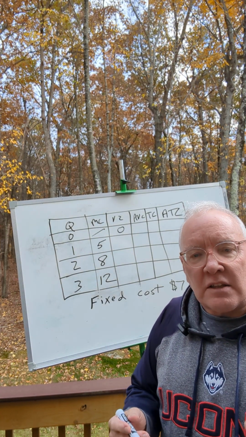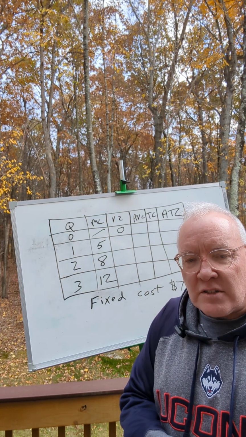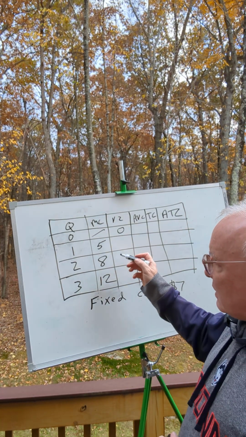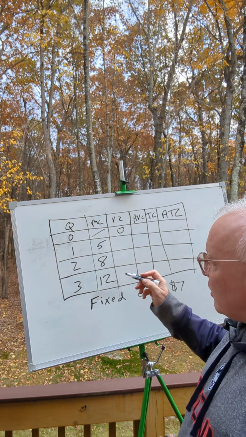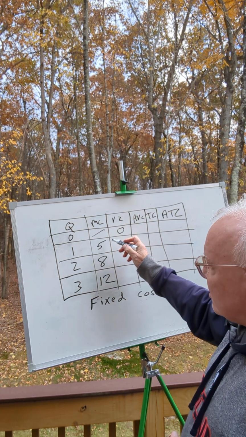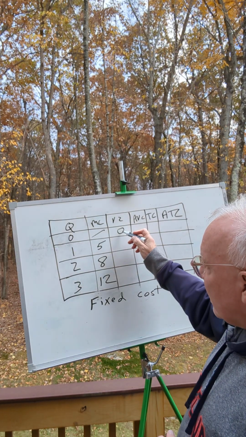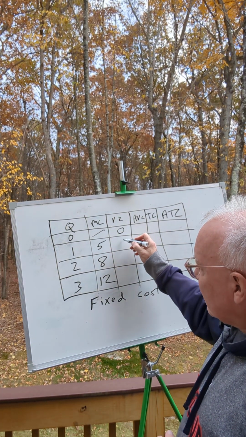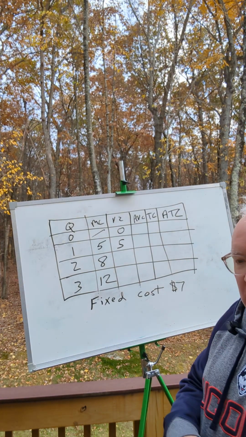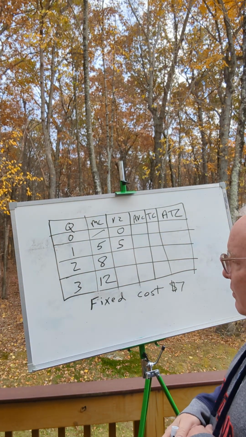So we can just say that the variable cost is going to be affected just by the marginal cost, or the marginal cost is just the change in variable cost. So if variable cost is changing by 5, from here, we can just take the 0, add the 5, and we get variable cost at quantity 1 is 5.